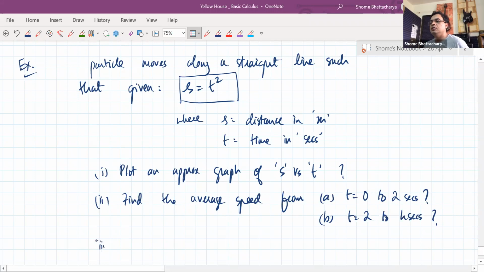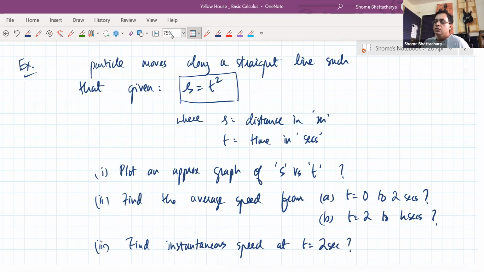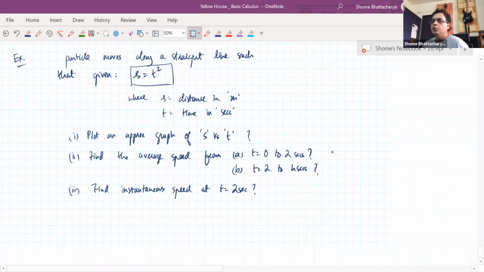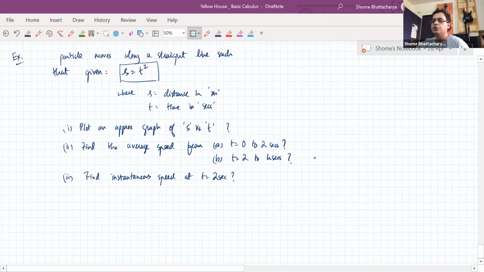But the third part is going to be the slightly more tricky part, where we'll find the instantaneous speed at t equal to 2 seconds. Precisely at t equal to 2 seconds, we want to know what the instantaneous speed is. I'll give you a couple of minutes to start off with the graph and try to understand how you can interpret these things from the graph also. Then we will see how we can use the definition of instantaneous speed to calculate the value of the third part.